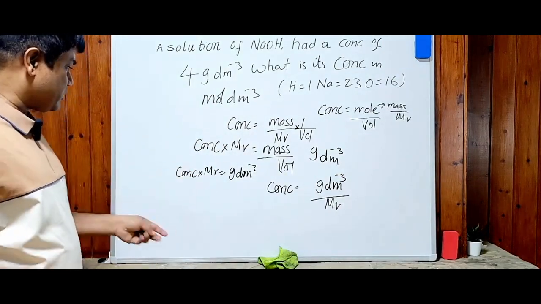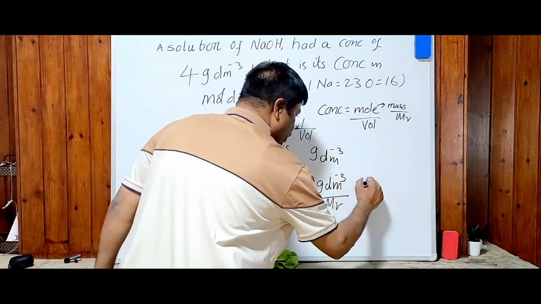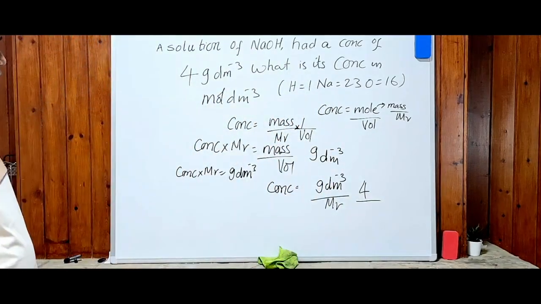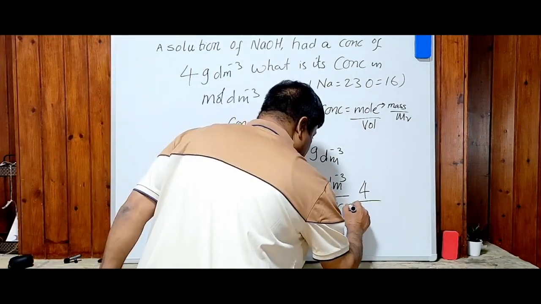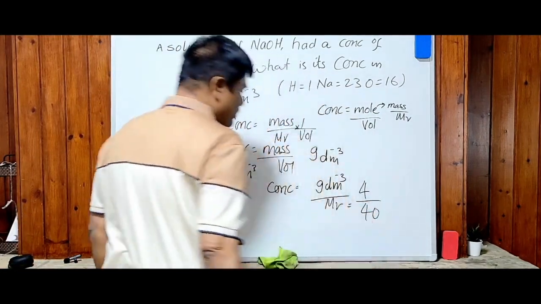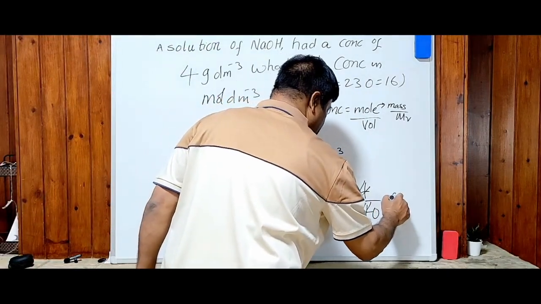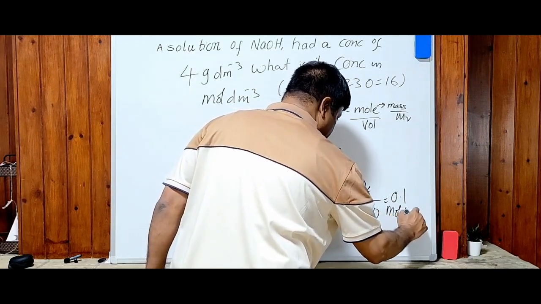It's just the simple conversion. So what's the gram per dm cube? 4 gram per dm cube. Work out the Mr of sodium hydroxide. Sodium 23 plus 16 plus 1, which is equals to 40, guys. So 4 over 40, 0.1 mole dm minus 3.